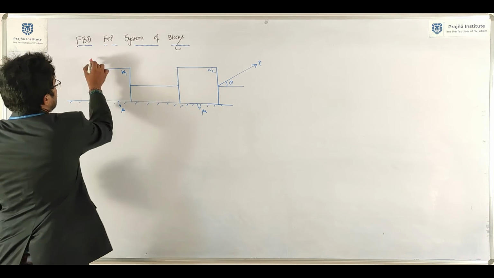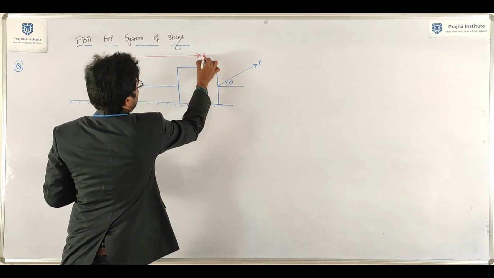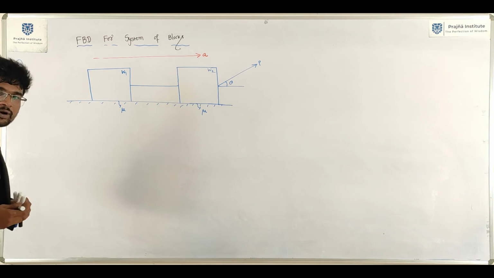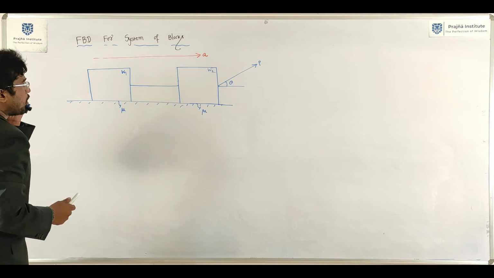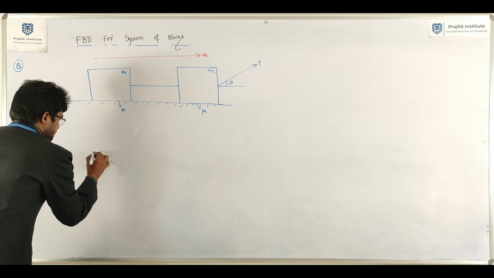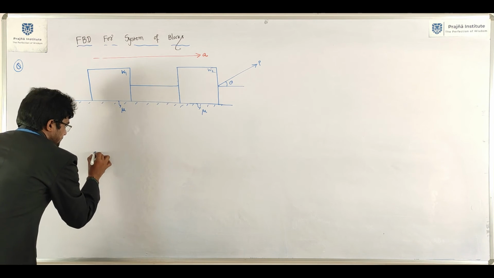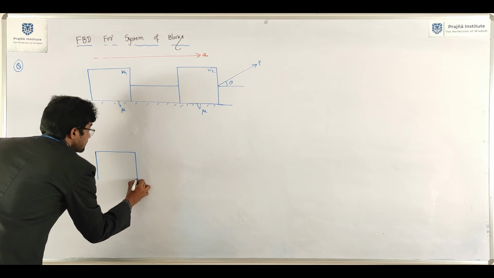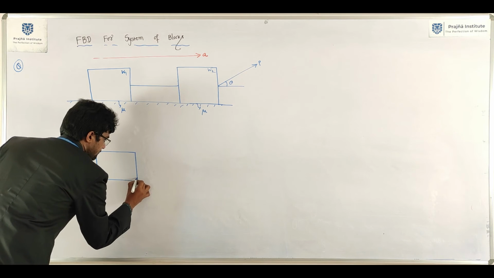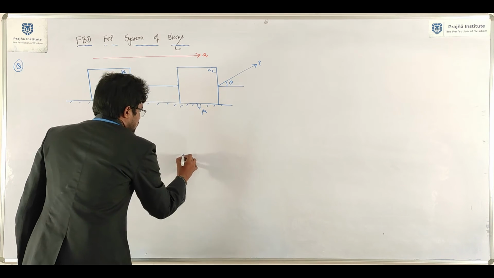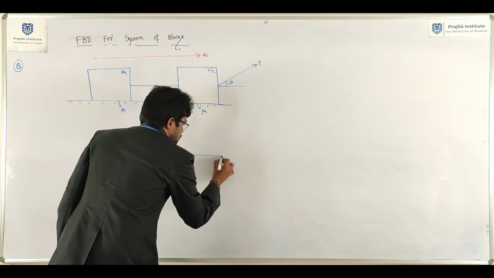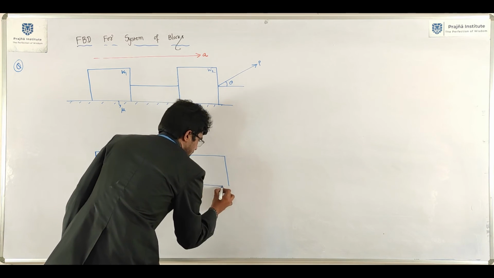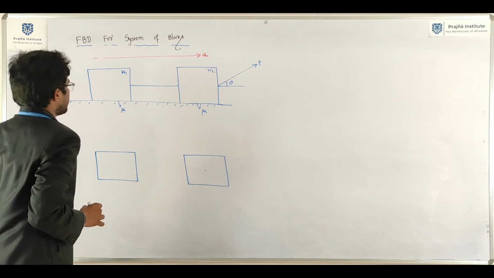Okay, so both blocks will move in this particular direction. First draw the free body diagram for block 1. Here, the free body diagram for block 2. Okay, weight.